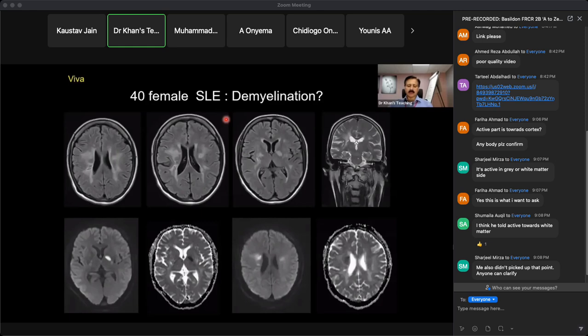And if a patient has got vasculitis, this is the type of radiological features which you can get. There will be infarcts of multiple ages. Many of them will be what we call lacunar infarcts. Lacunar infarcts are by definition infarcts involving small vessels. So the area will be between 5 millimeter and 15 millimeter. They will not be larger than that.